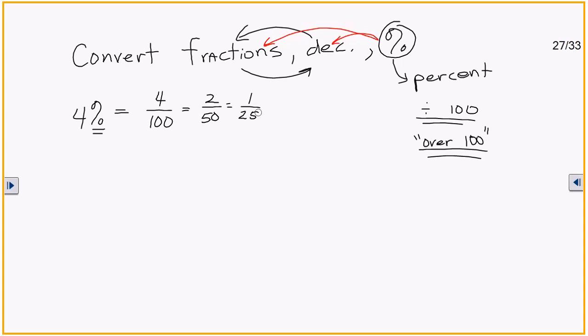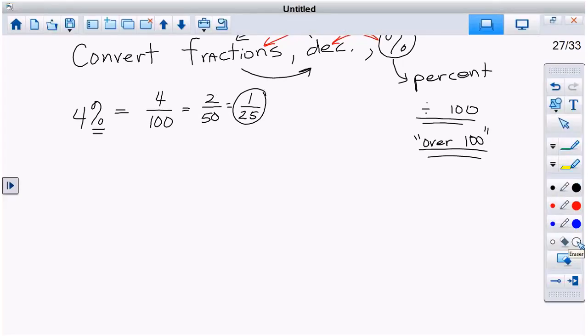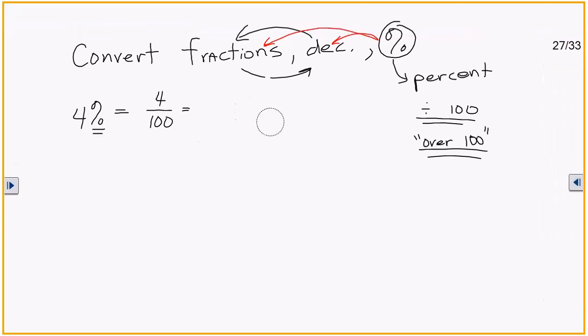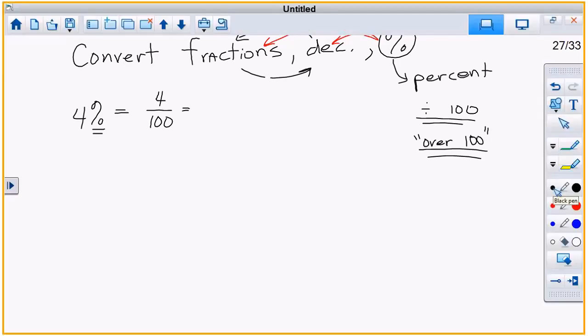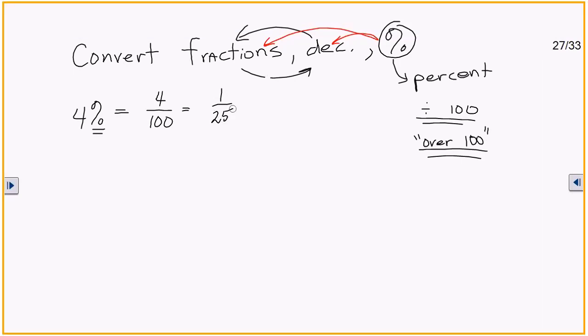I'm having brain bubbles right now. No. 4 will go into 4 one time. 4 will go into 100 25 times. I'm thinking of 25 over 100. Okay. Now, that's one way you can do it.